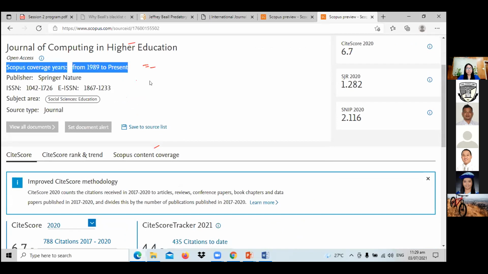So you may be overwhelmed and say, oh, it's in Scopus. But if your paper was published in 2021 and you claim that it is in Scopus, you are wrong if the coverage year is from 1989 to 2000.